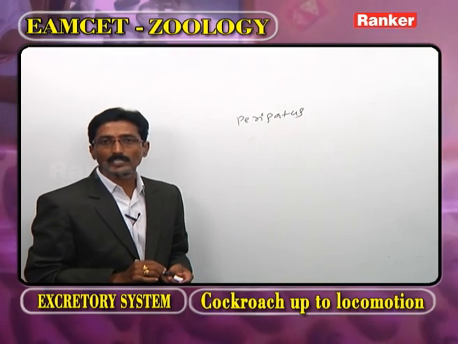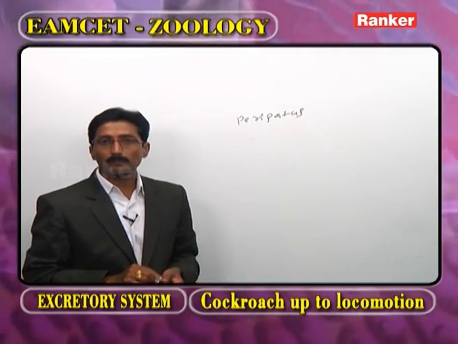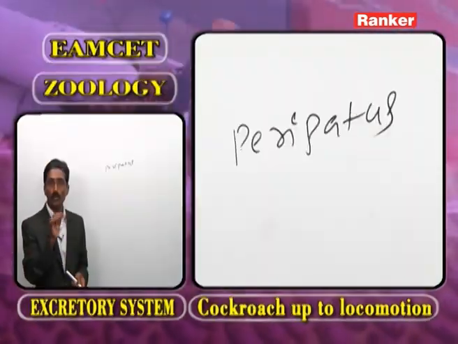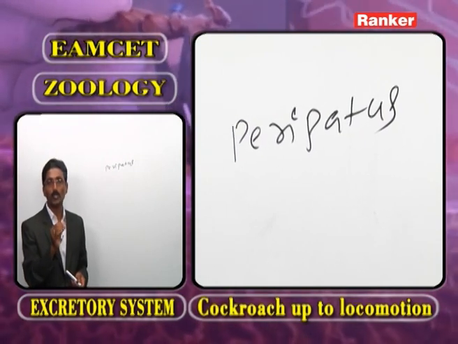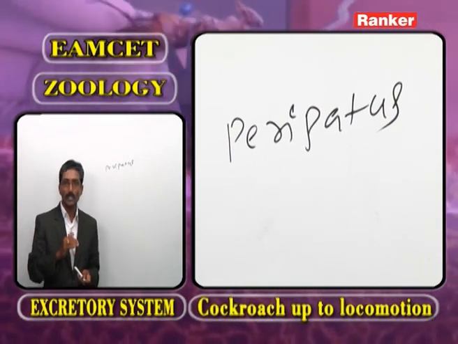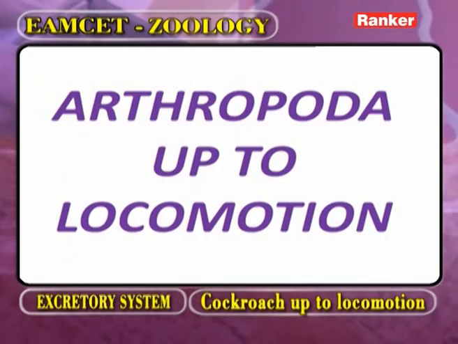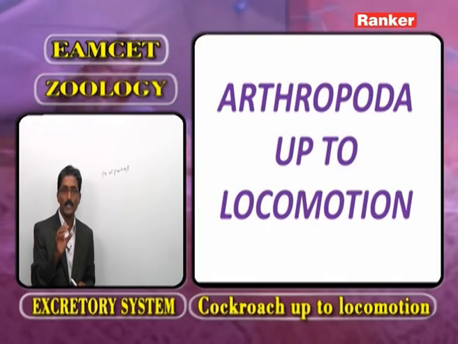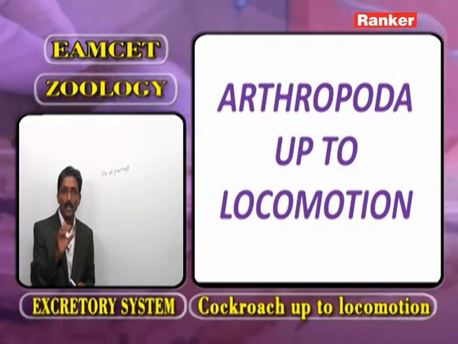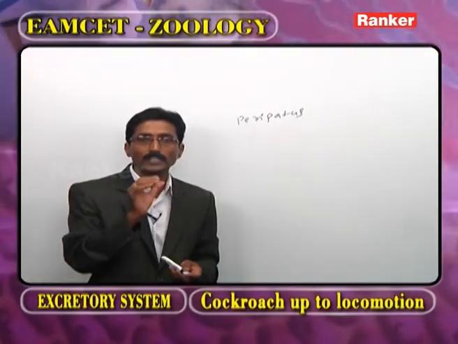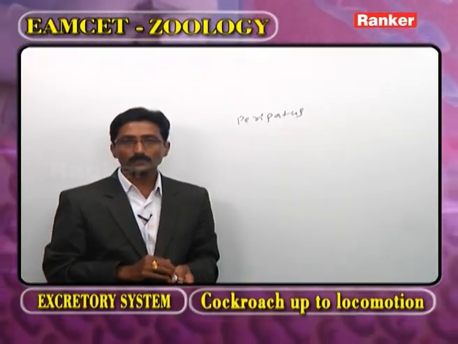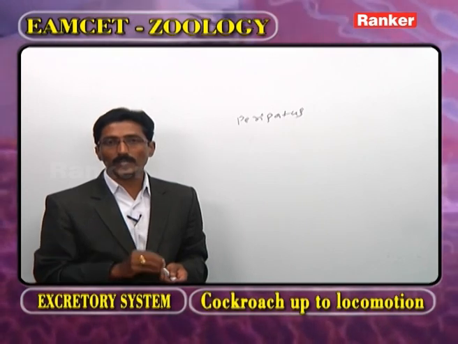As we observe, Peripatus has both annelidan and arthropodan characters. Now we are discussing the questions one by one. While discussing the questions, we have to discuss what other information is related to that question. Now what is the first one?